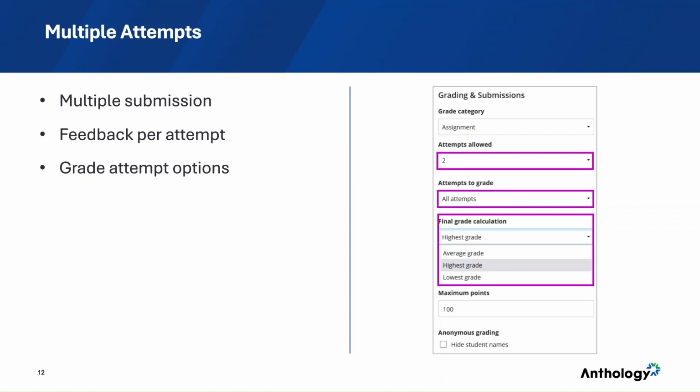If you want to grade all the attempts or just the first one, just the last one, and then how the final grade calculation for that assignment will be selected. If you are selecting all attempts to be graded, which will be the final grade, the average, the highest, or the lowest. So you'll have those options available there. That's part of the assignment settings, and then through the grading process you will be able to grade them.